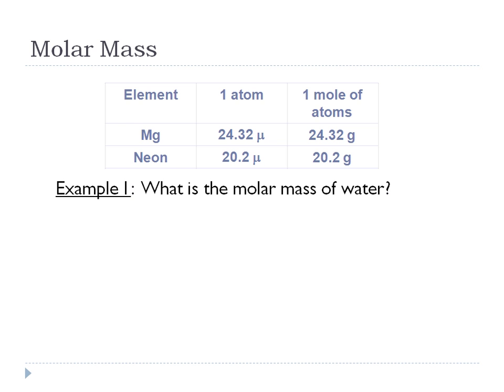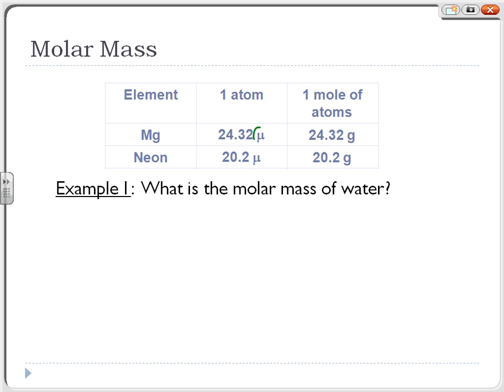So here's an example of 2 elements, magnesium and neon. And you can see I know the mass of 1 atom off the periodic table. If I look on the periodic table, 1 atom of magnesium is about 24.32 AMUs, or we use the Greek letter mu. That means that 1 mole of atoms is 24.32 grams. So all I did was I changed this unit from AMUs into grams, and now suddenly, yay, I have exactly how much a mole is.